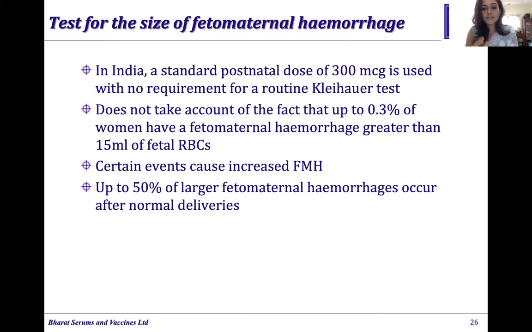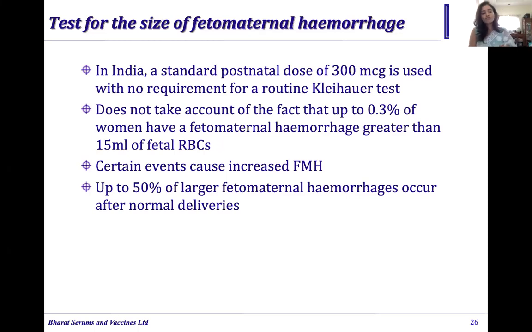We just need to understand that there are certain events which cause increased fetal-maternal hemorrhage, either during normal delivery or during cesarean section, like if you're doing a manual removal of placenta or instrumental deliveries. There are certain obstetricians who practice extraperitoneal cesarean section so that there is no spillage of fetal blood into the maternal peritoneal cavity.